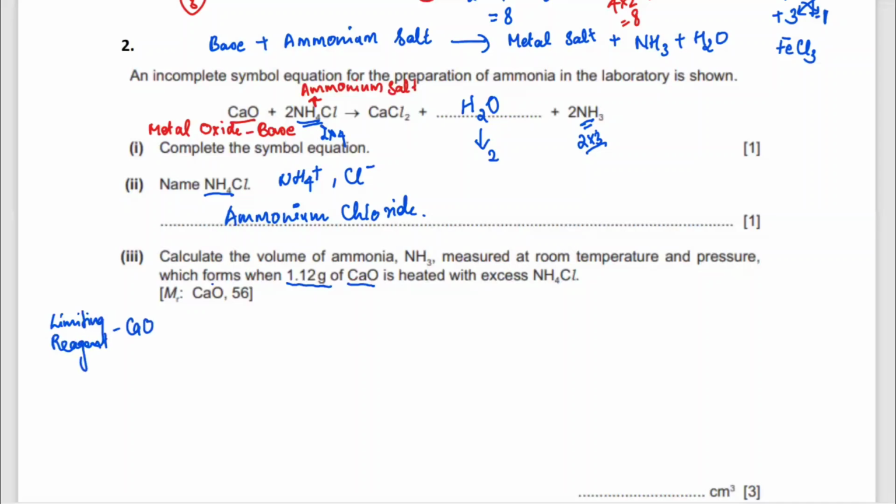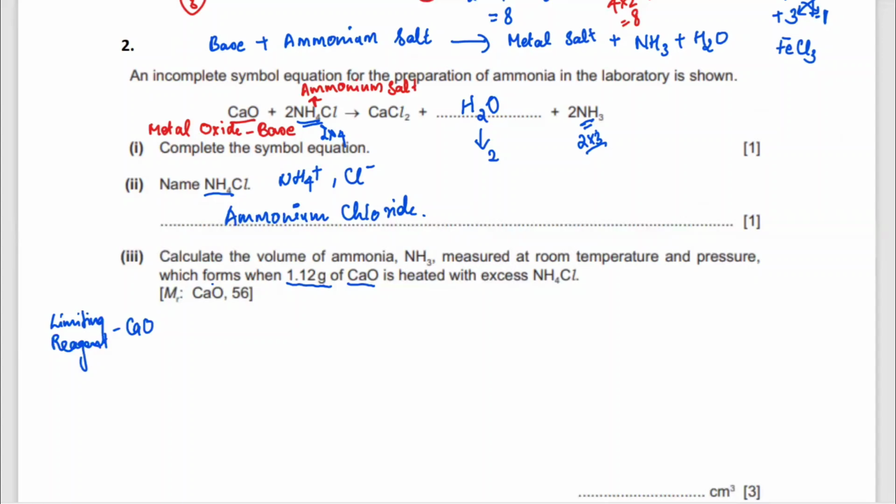And whenever we are finding out the amount of product formed, we are always concerned about the limiting reagent. We won't consider the excess reagent because the excess reagent will be there even after the reaction is complete, but the limiting reagent will be completely used up as the reaction stops. So we will always look at the limiting reagent to find the amount of products formed.